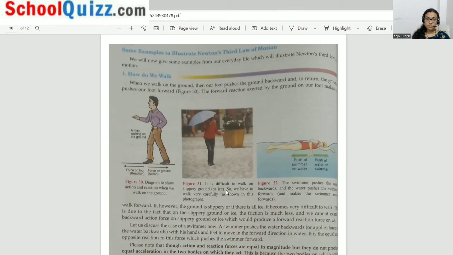Like that, we are able to walk on the ground. Here also, it is difficult to walk on a slippery ground because why? Like ice or a slippery surface like tiles. Because here we are applying force, and the same force is applied on us. Here also, the swimmer pushes the water, and water also pushes the swimmer.